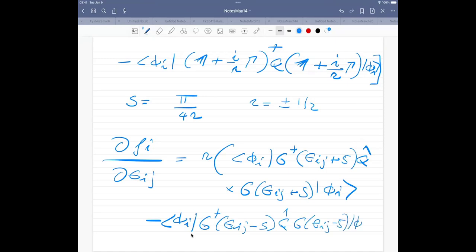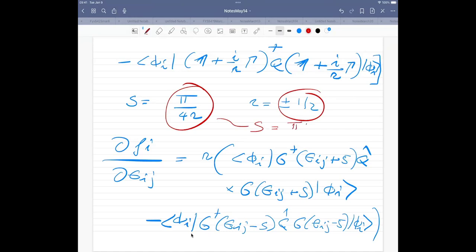And this is then finally taken with that specific state. It means that this quantity s is equal to pi half, and we will have plus minus pi half.